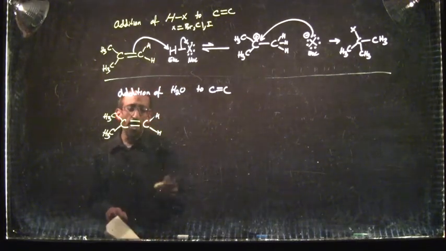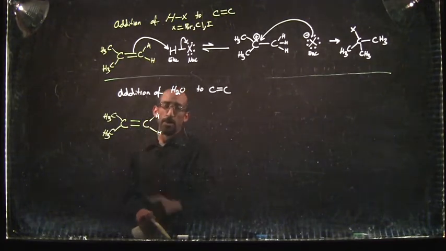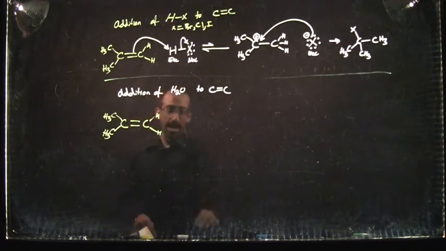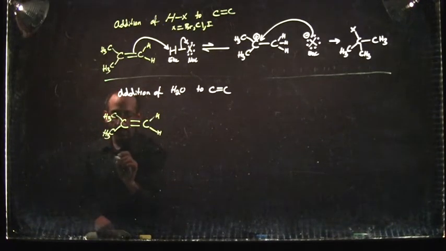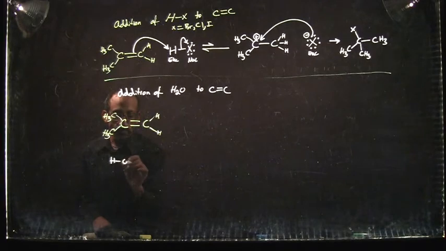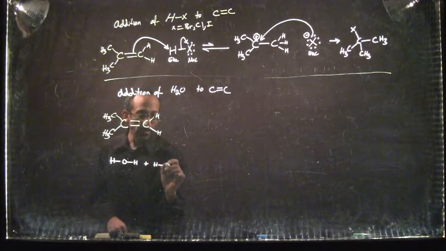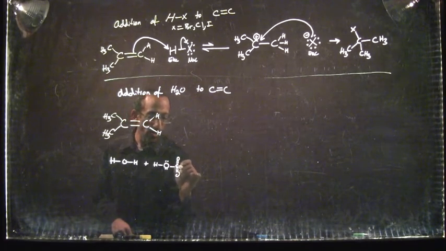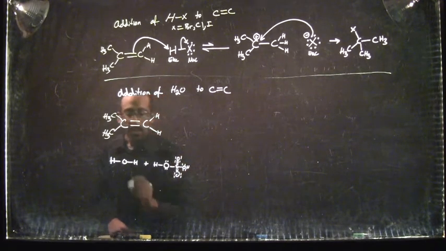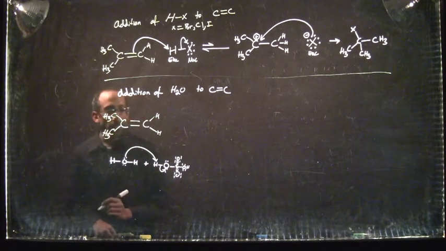So what we see here now for this example is that if we want to add water across this, well, water is not a strong enough acid for a weak base to be protonated, right? So we need a stronger acid than water. So what we do is we add into this reaction a really strong acid. We take water plus sulfuric acid, and now water will pick up the proton from sulfuric acid.